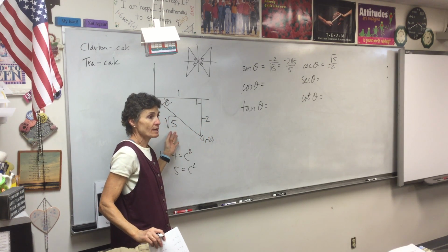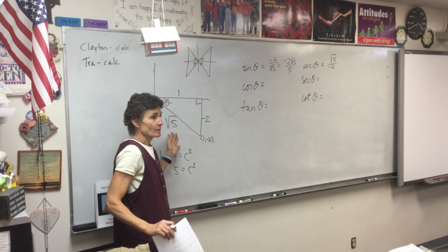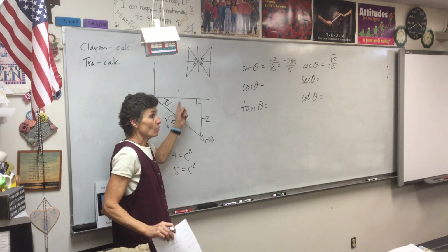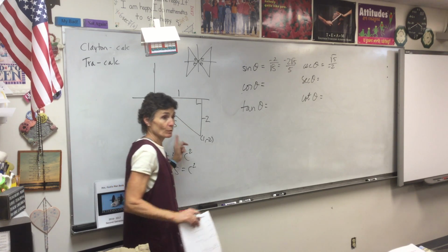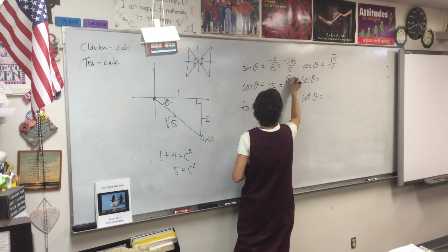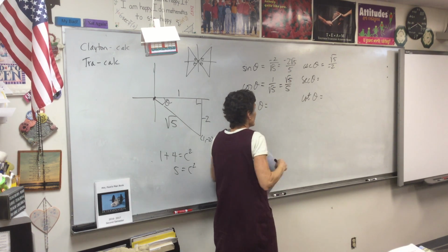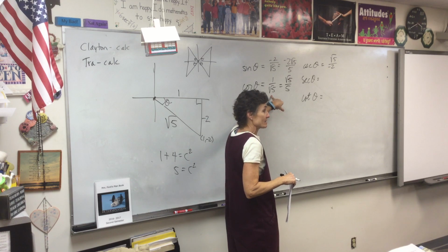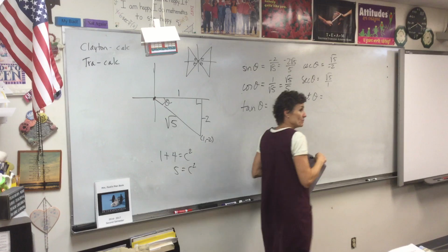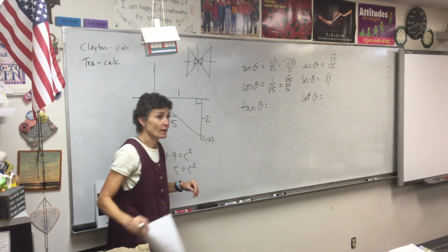All right, what's my cosine? Cosine now, cosine. 1 over root 5, which is root 5 over 5. Yep, very good. Which means the secant is root 5 over 1, or if you just want to write plain root 5, you can.